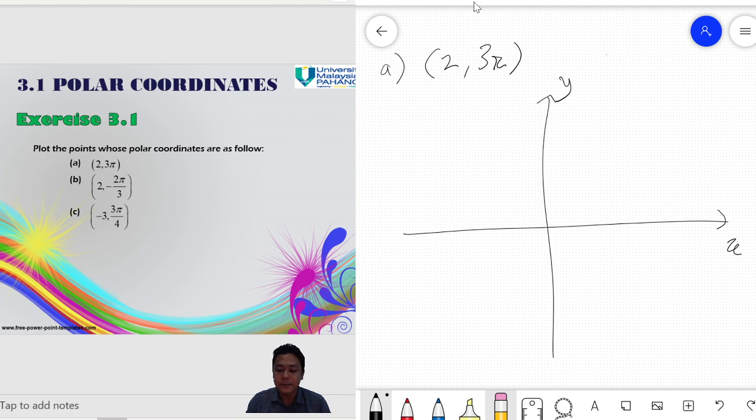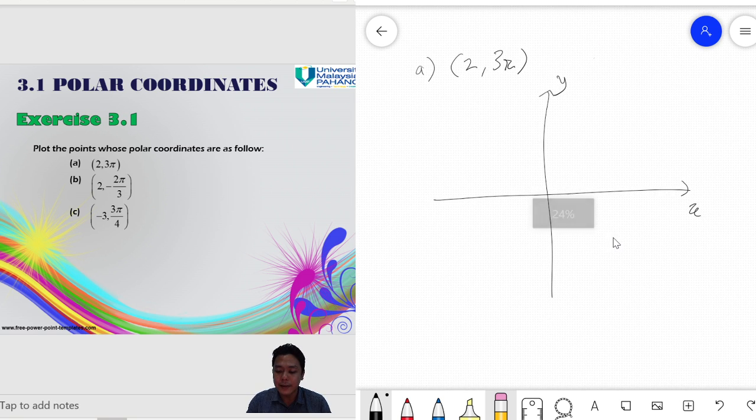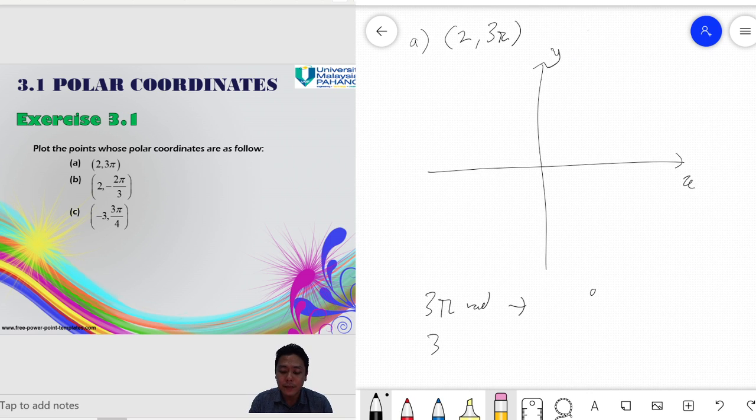Okay, 3π in radians, we want to convert it into degrees. So you just take 3π and multiply it by 180 over π. So you will get 540 degrees.